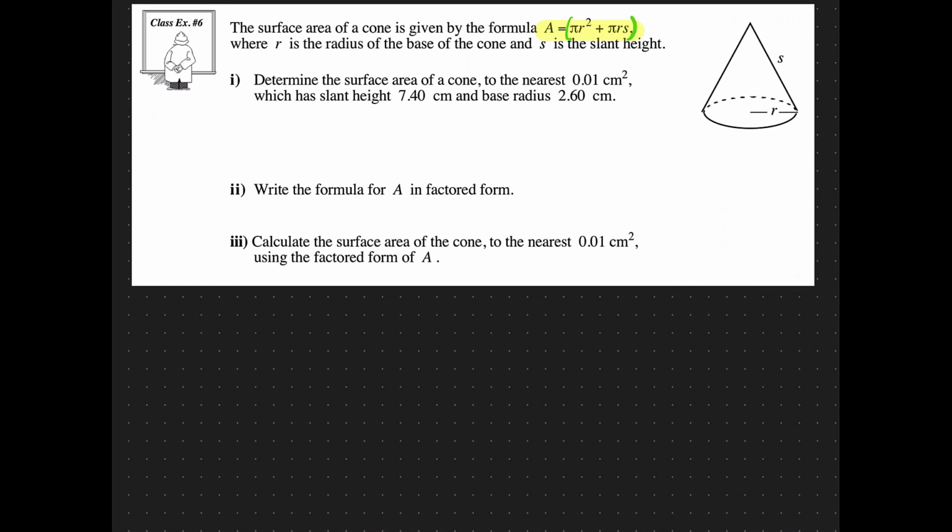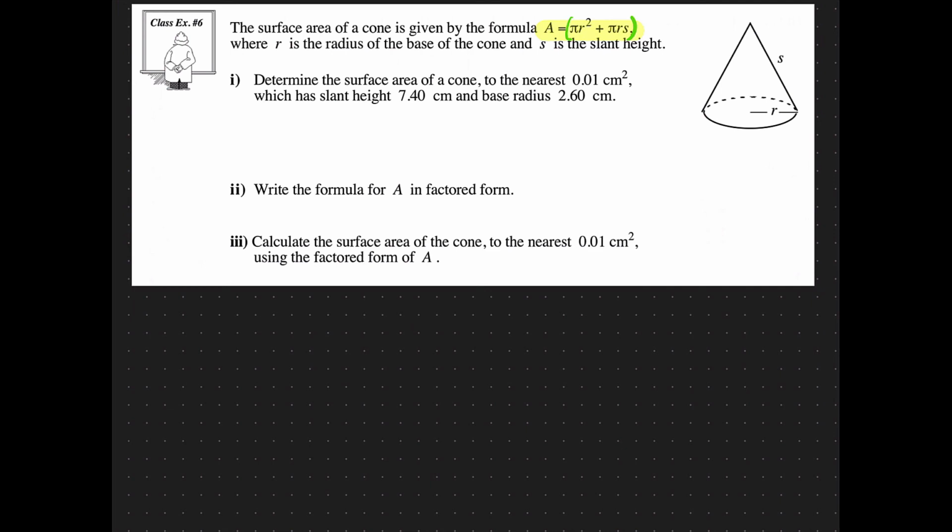Because I have a binomial, I should be able to pull out some common elements within the terms if possible. So part 1 says determine the surface area of the cone to the nearest 1/100th in centimeters squared if the slant height is 7.4 and the base has a radius of 2.6.